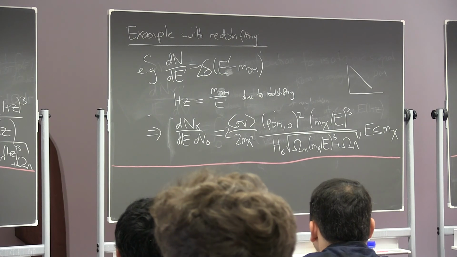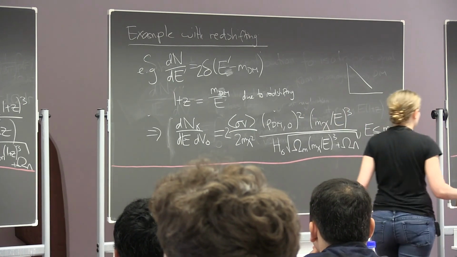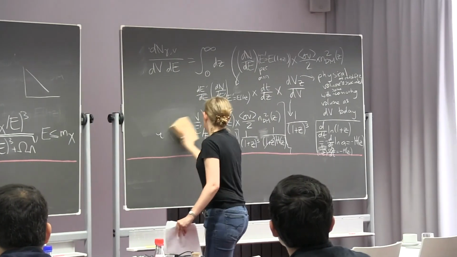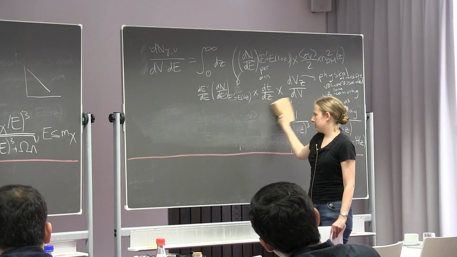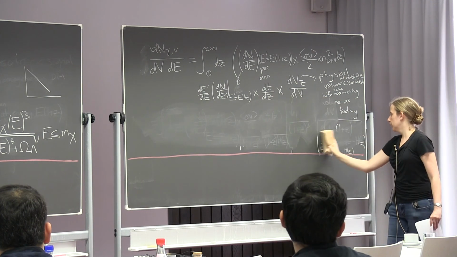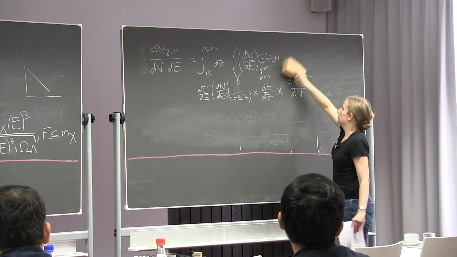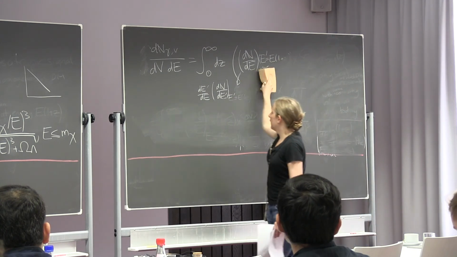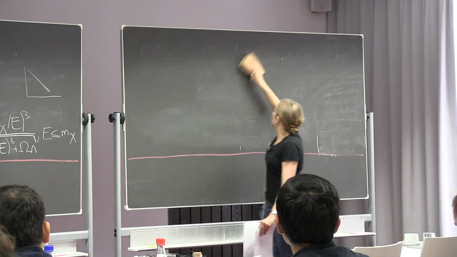I hope this gives you an illustration of how you include redshifting. So if we wanted to include both non-uniformity and redshifting, then you can't use this trick of saying, okay, I'm just going to look at the number of photons produced in my co-moving volume, because that's the same as was produced in any other co-moving volume, and they're just going to get spread out evenly through the universe.